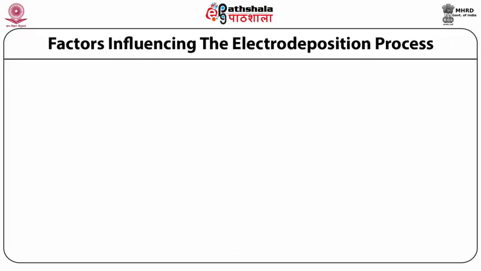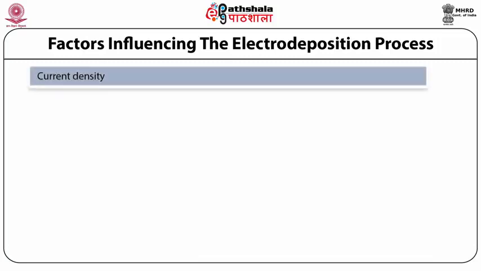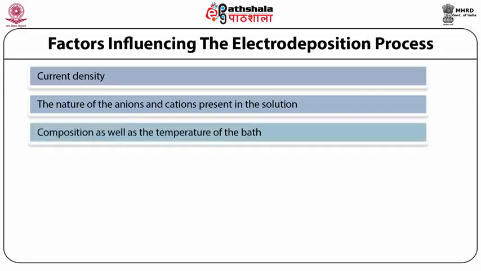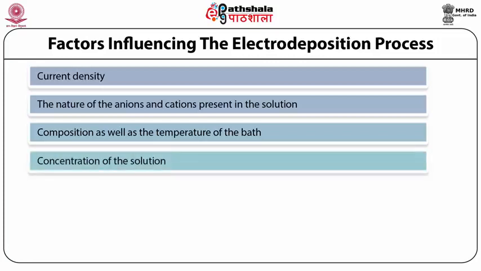Factors that influence the electrodeposition process are: first one is the current density. Secondly, the nature of the anions and cations that are present in the solution. Third is the composition as well as the temperature of the bath. Next is the concentration of the solution.